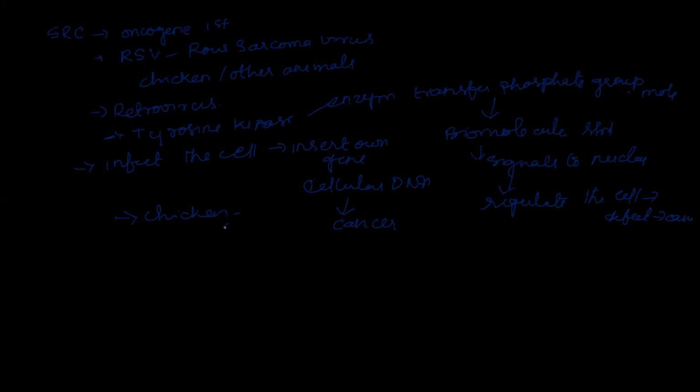Within 2 weeks, the chicken got a tumor. Similar studies were also found in the case of humans. And there are 9 different SRC genes. Depending on how they process the mRNA produced by these 9 genes, they produce 14 different types of proteins.